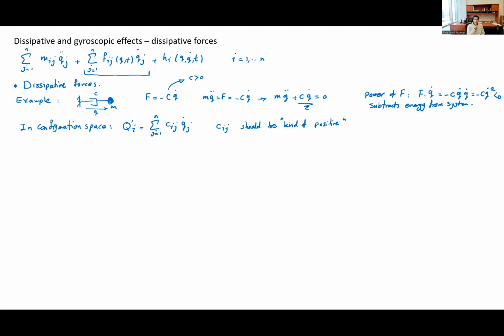C_ij should be the coefficients of a symmetric positive definite matrix, which is kind of equivalent to the whole thing being positive. So that is one important form in which these velocity-dependent terms show up in our equations of motion, through these dissipative forces.